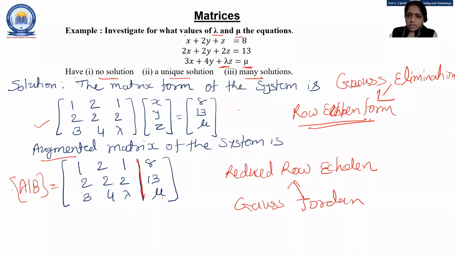So for this example, I am going to apply the Gauss-Jordan method and convert this matrix into reduced row echelon form.